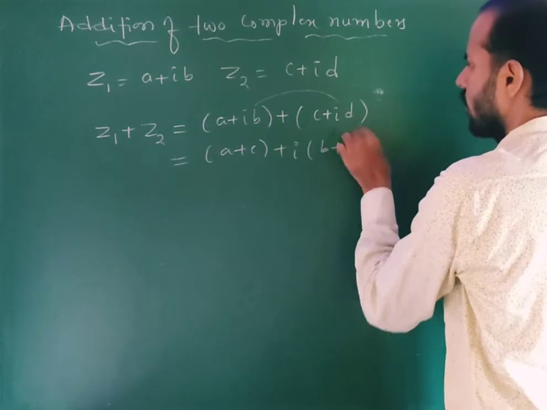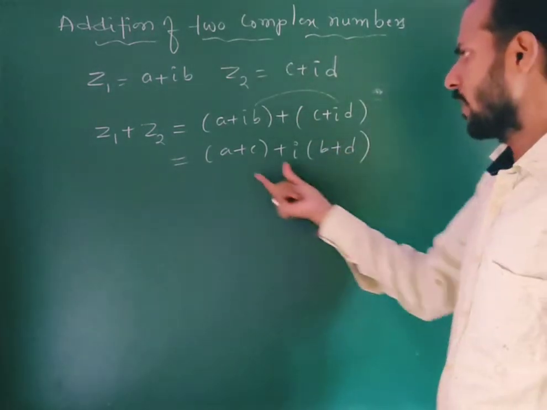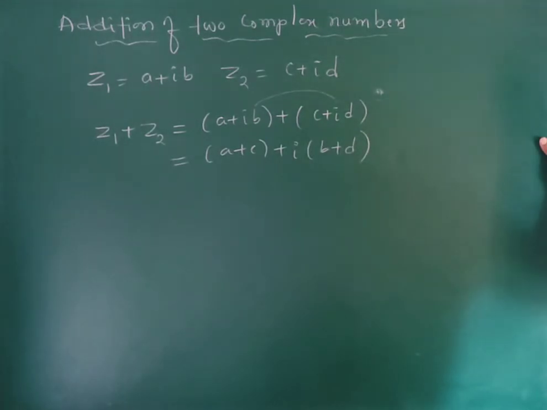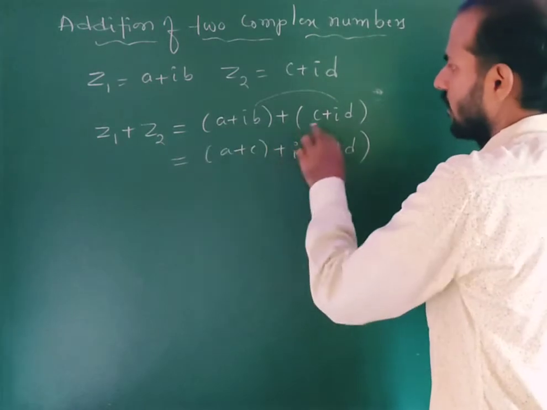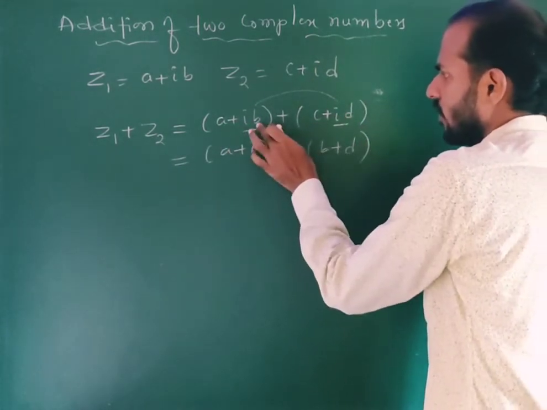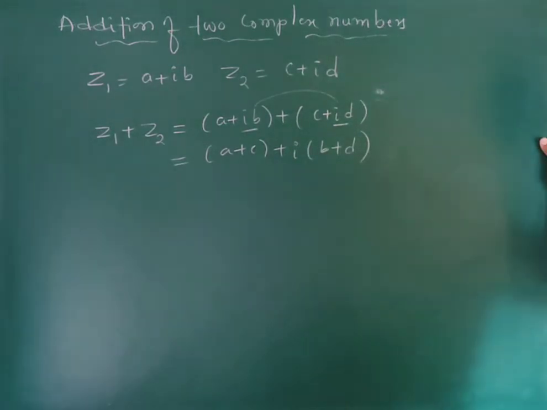B plus D. Therefore A plus C plus i times B plus D. Sorry, A plus C plus i is common from these two terms, and inside we get B plus D. This is nothing but addition of two complex numbers, right?